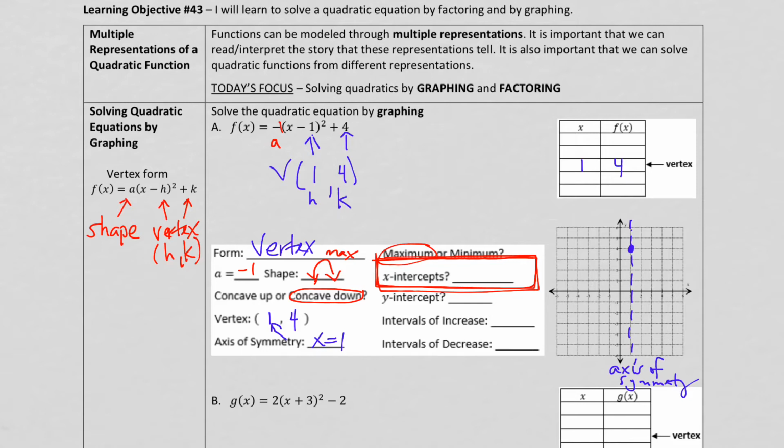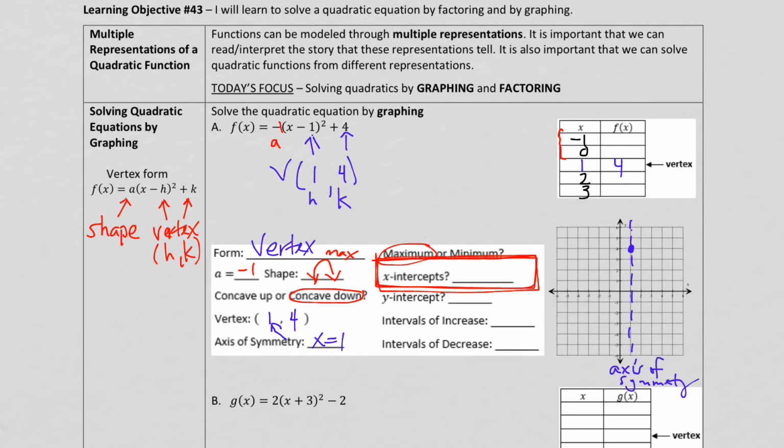To finish this example by graphing, you now have to finish this table. So you have the choice. You can pick the 2 previous x values. So here you can pick to work with 0 and -1, or the 2 next x values, which would be 2 and 3. So you can pick whichever ones you want. I'm going to go ahead and choose, for this example, to work with -1 and 0.